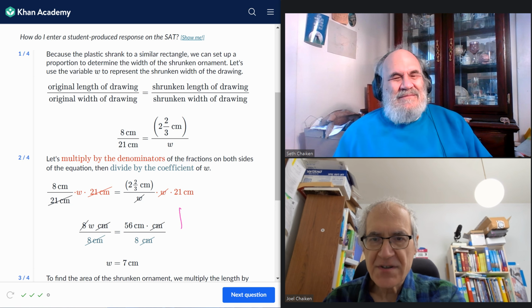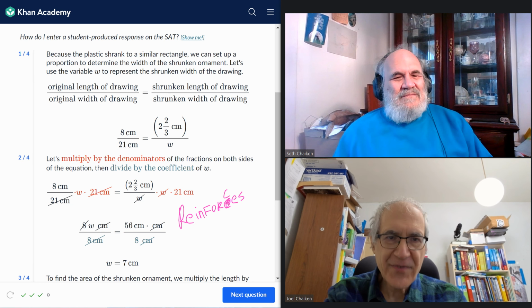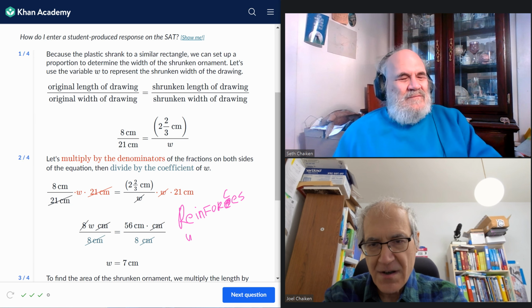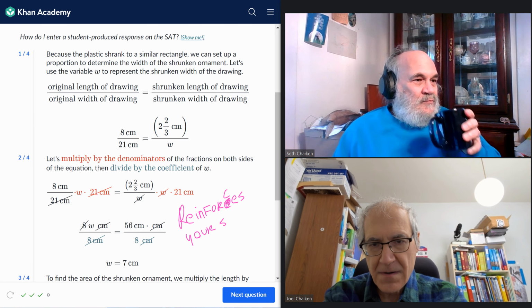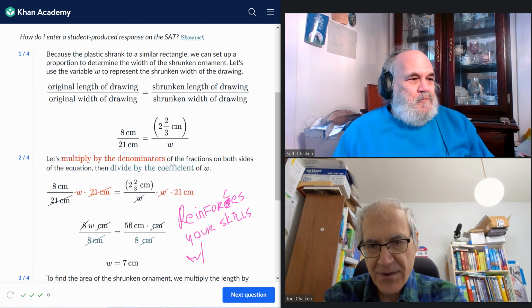True. It also does something very important, and I'll try to write neatly. It reinforces how to deal with similar figures. It reinforces your skills with similar figures, which is important.